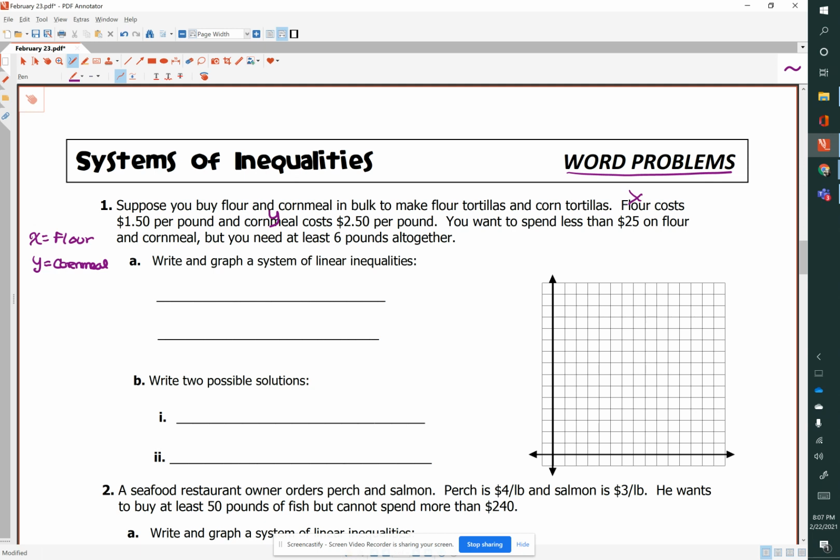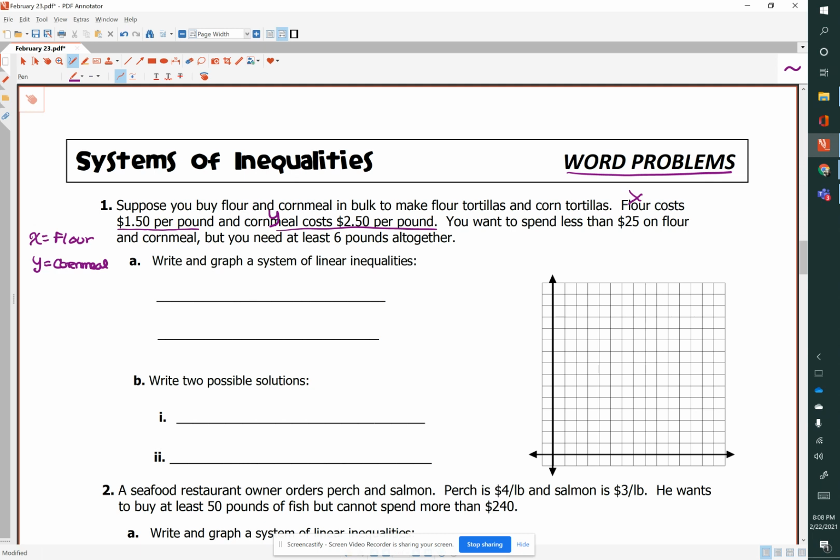So what are the 2 things we have going on here? We've got the cost of flour and the cost of cornmeal. Flour is $1.50 per pound, cornmeal is $2.50 a pound. You want to spend less than $25. Okay, so we've got less than. Now, if it says less than 25, but you need at least 6 pounds, if you want to spend less than $25, you have to decide: is it okay to spend $25?